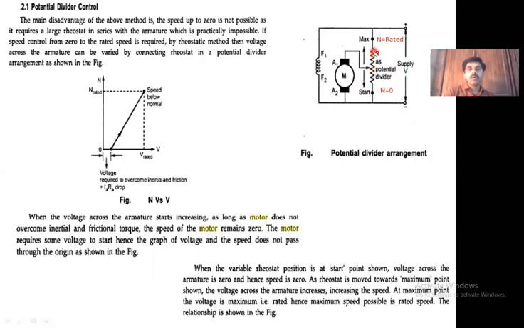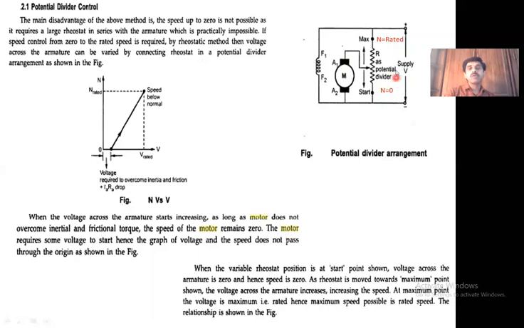At the maximum point, the voltage is maximum, that means the voltage across the armature is nothing but the supply voltage, which is the rated voltage. Therefore, you will get a rated speed.